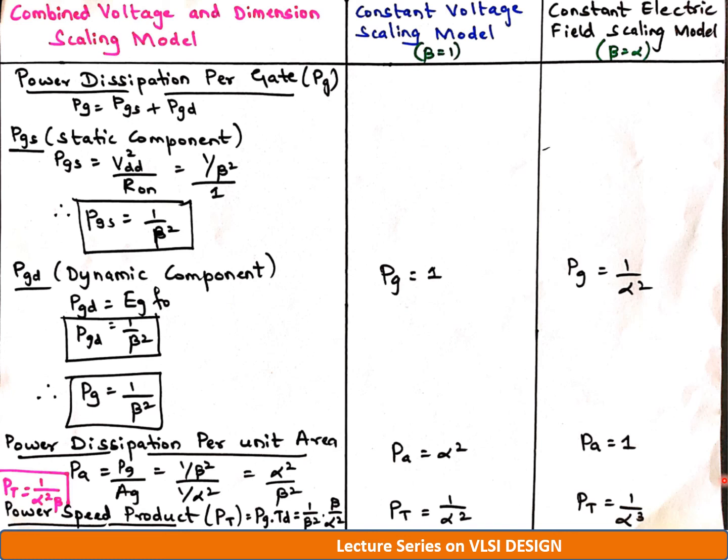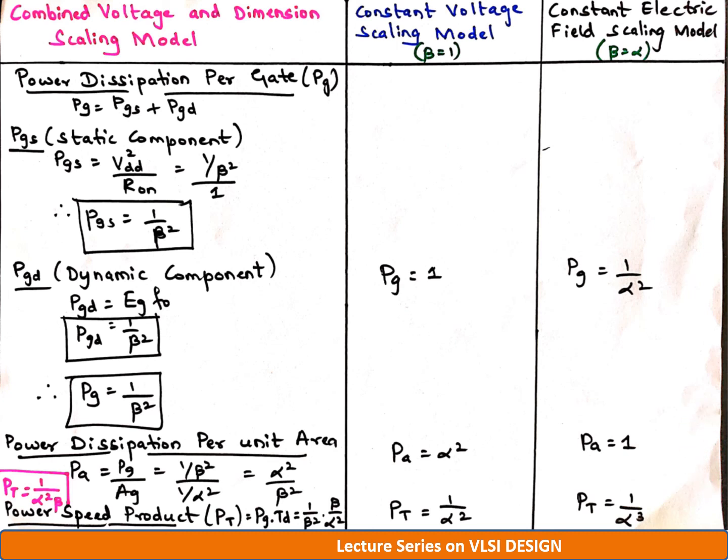So, in this lecture, we studied what is scaling, why scaling is required, types of scaling models, types of scaling factors, and we computed scaling factors for various device parameters. So let me summarize.